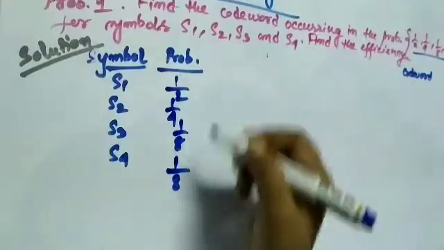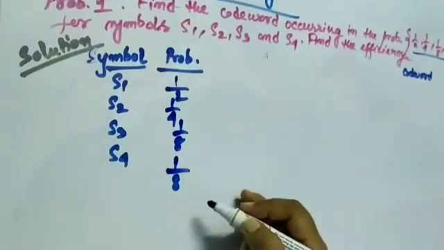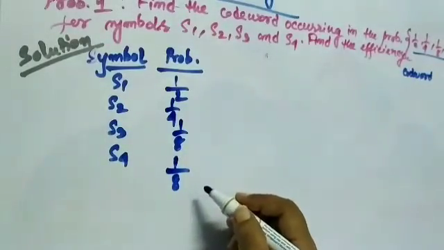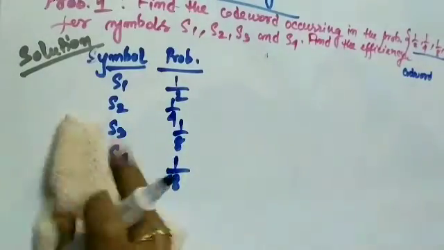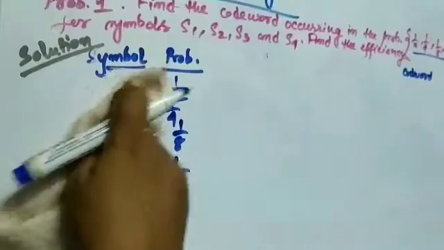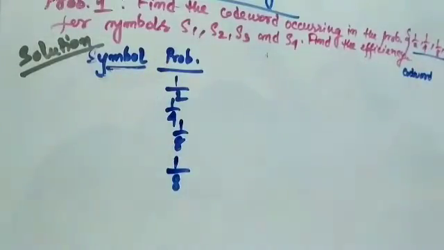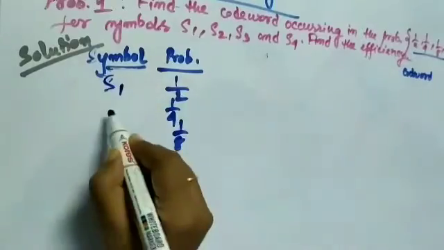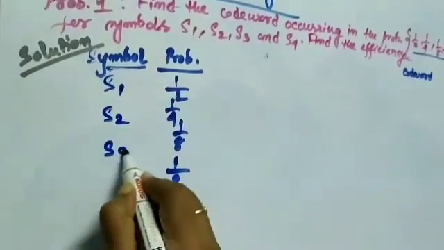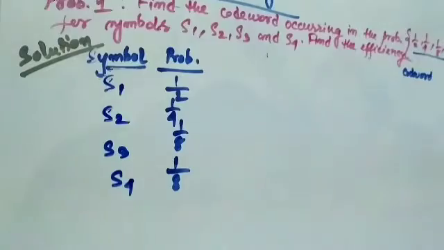So these 4 probabilities are written in decreasing order with their symbols. Write the symbols as S1, then S2, S3 and S4.